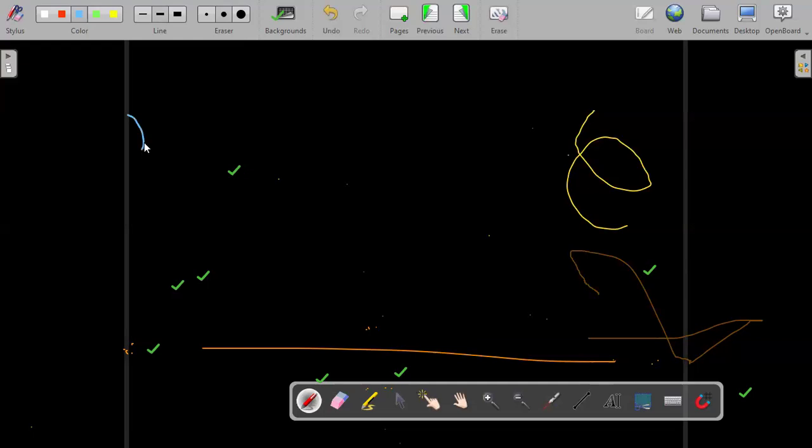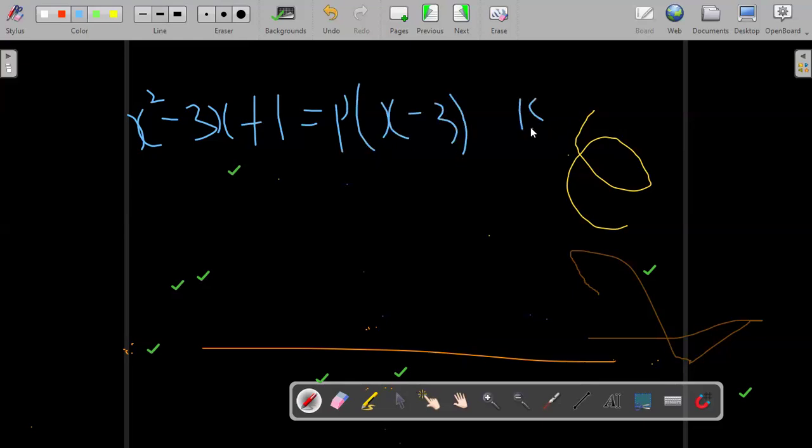We are given x squared minus 3x plus 1 equals p into x minus 3, has an equal root.